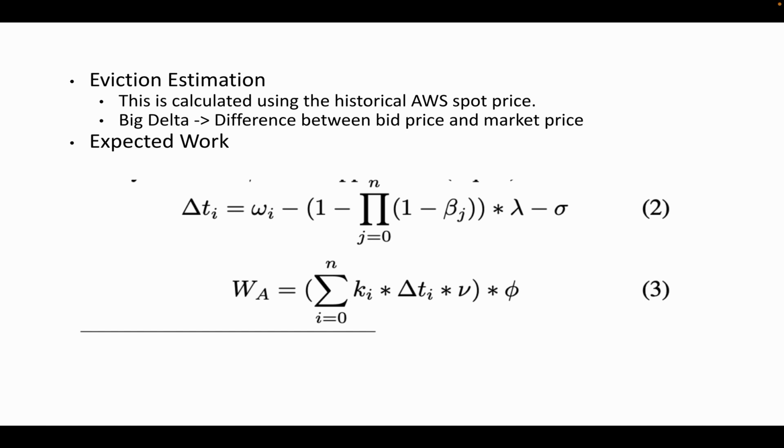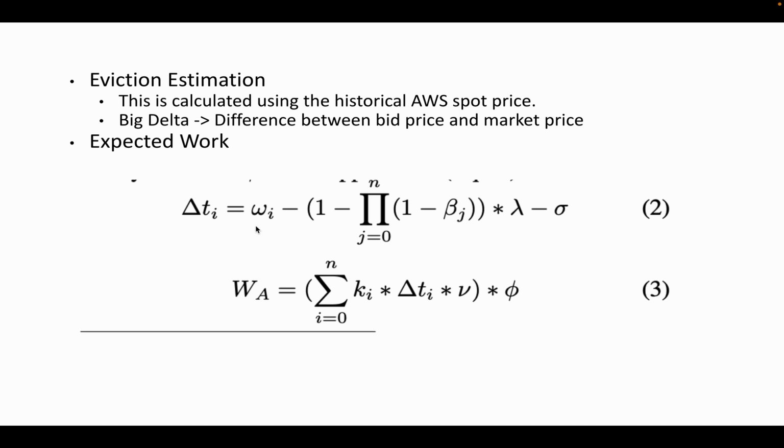BitBrain also has another component for decision making, which is expected work. It measures the productivity from each allocation. It computes the total useful compute time, which is delta t_i. Here w_i is the maximum useful compute time, up to the point of the billing hour.